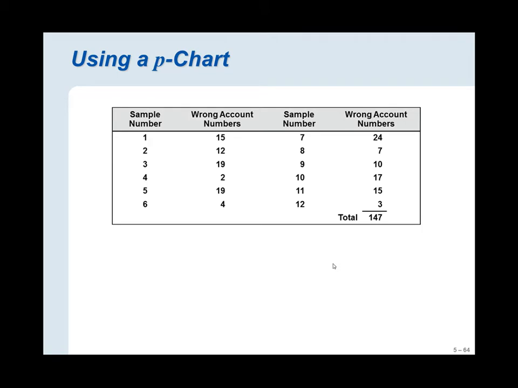So the company selects 12 samples, each with a sample size of 2,500, and then counts the wrong account numbers on each occasion. Total wrong account number is 147.